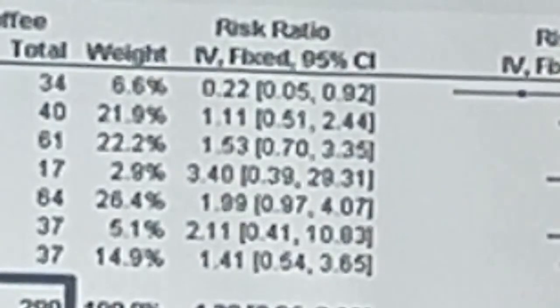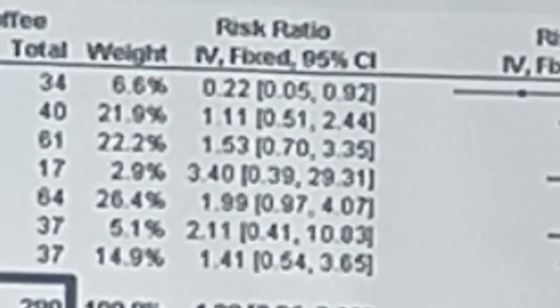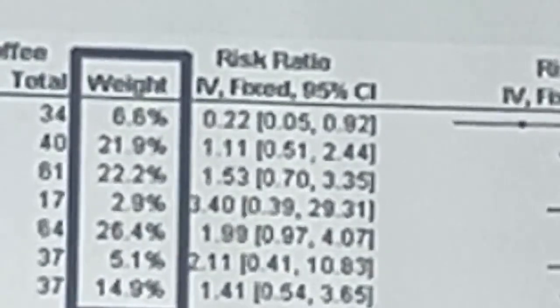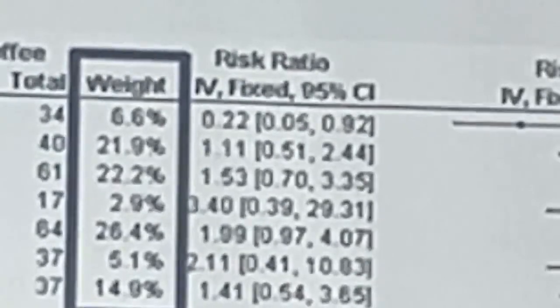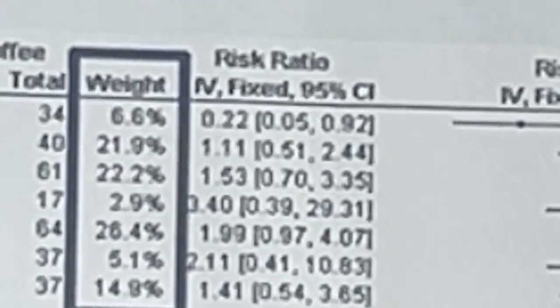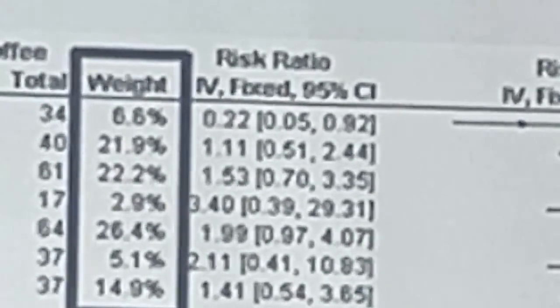We have the total number of participants. In this case, we had 277 in the caffeinated group, and in the decaffeinated group, we have 290. And then each study has an effect in terms of weight, which is how this study contributes to the overall summary of effects.